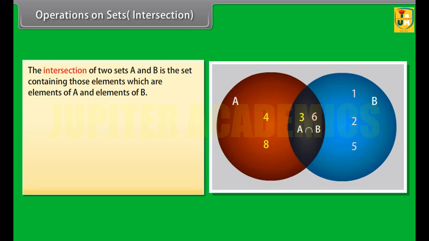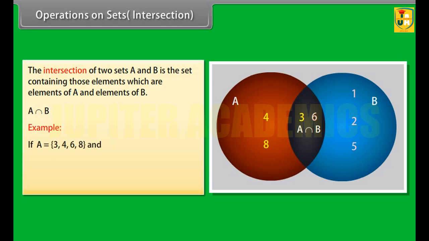Operations on sets: intersection. The intersection of two sets A and B is the set containing those elements which are elements of A and elements of B. We use this symbol for intersection.